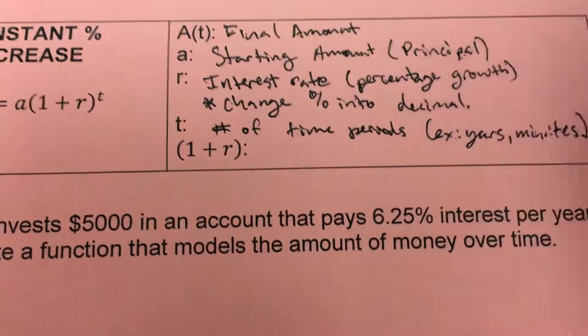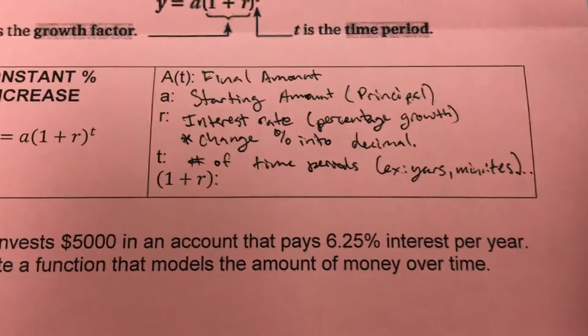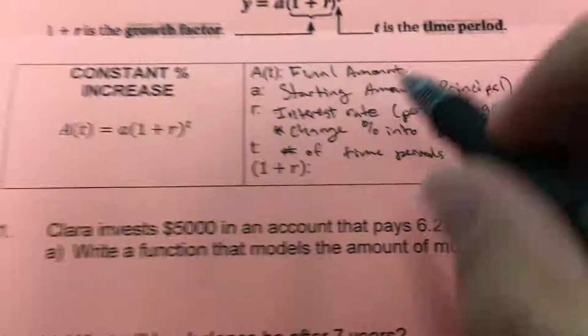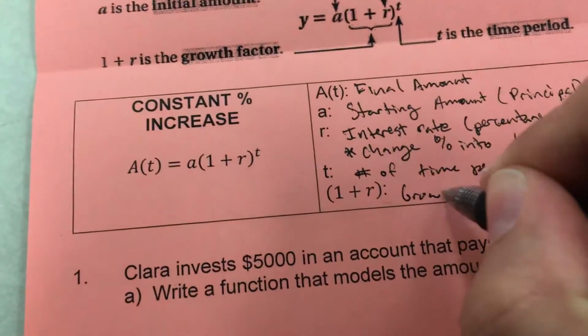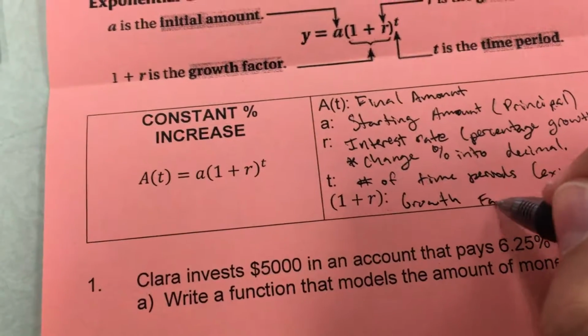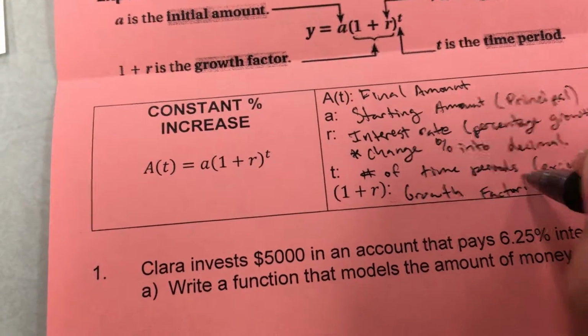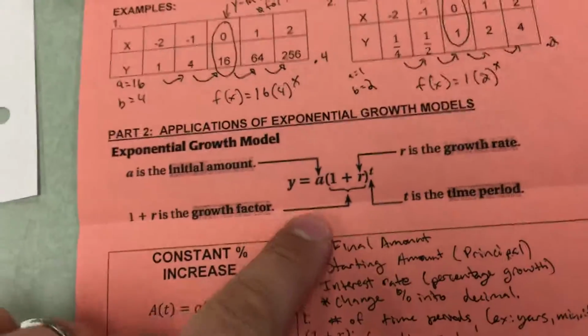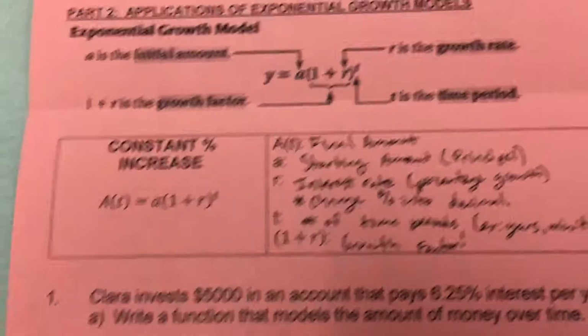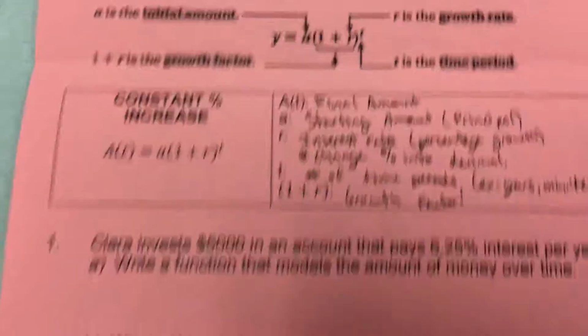I'm going to put dots after that because it could go on. Okay, and then 1 plus the rate, we call that the growth factor. So we're just rewriting a lot of the stuff that I gave to you up here. Now we're just writing it out ourselves, or if we're talking about money. Okay, so let's get to this word problem.